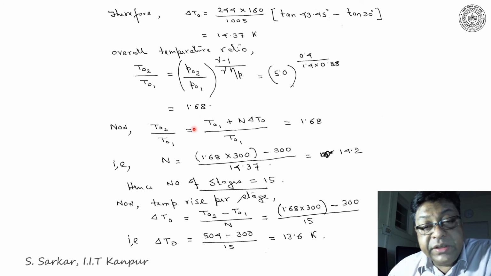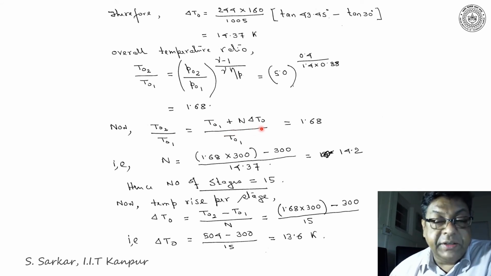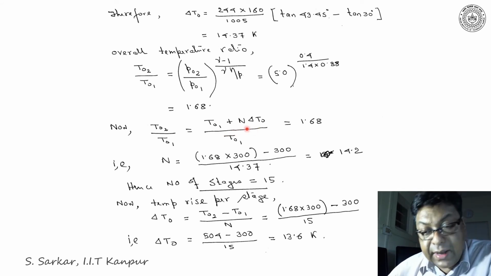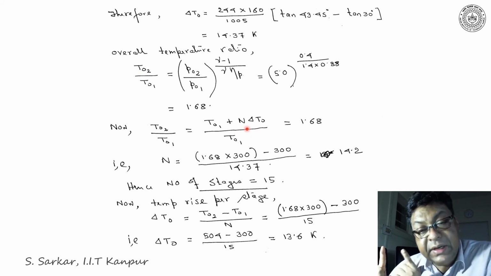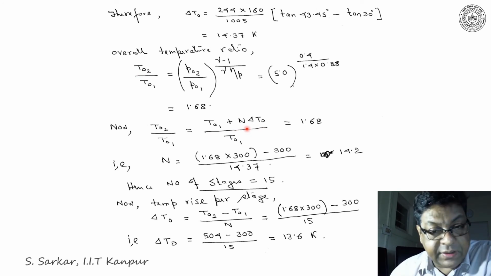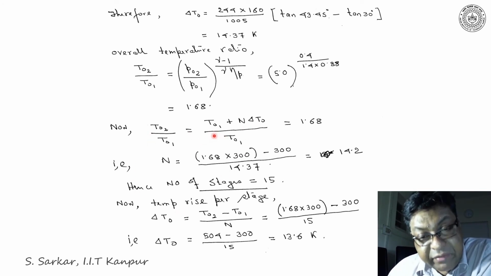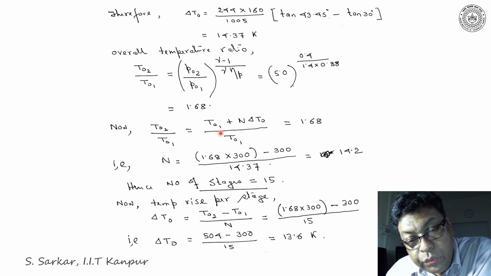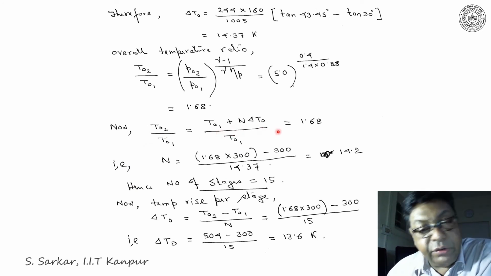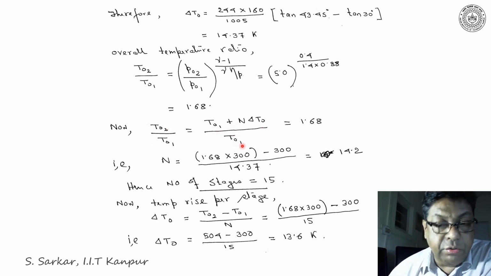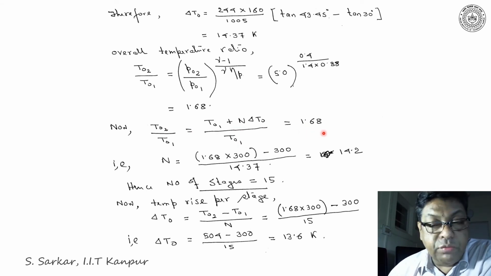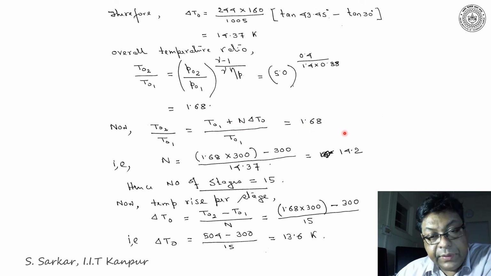Now, this T02 I can write as T01 plus N into del T0, where N is the number of stages and del T0 is the temperature rise in a stage. So I have written here T01 plus N into del T0 divided by T01, that is equal to 1.68.